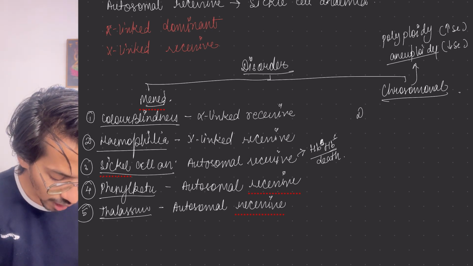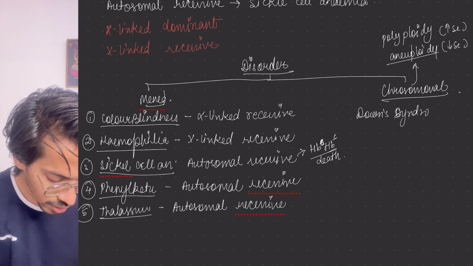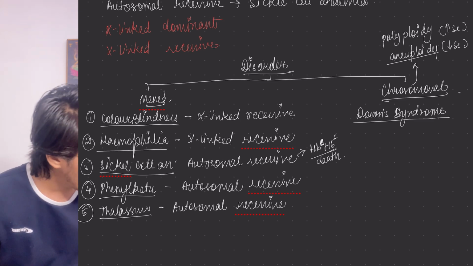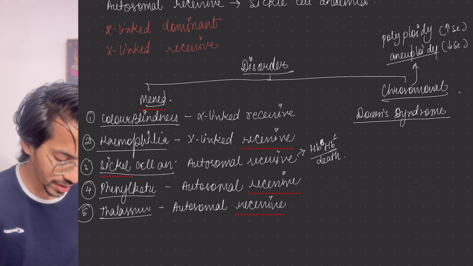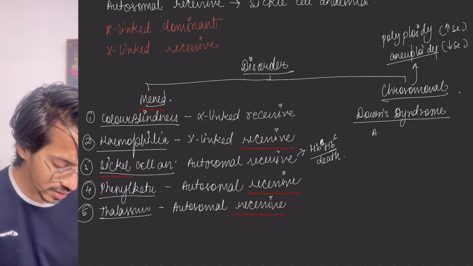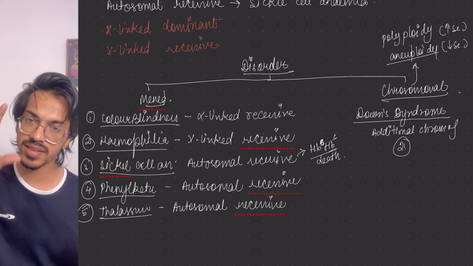Number one is Down syndrome. For Down syndrome, what happened? One extra copy of chromosome number 21 came in the person, so an additional chromosome 21 is there. It leads to what? Its diagram is given.